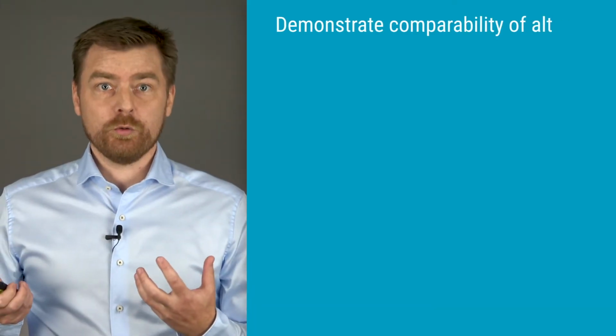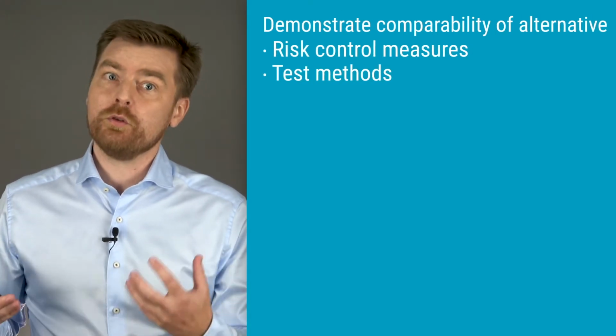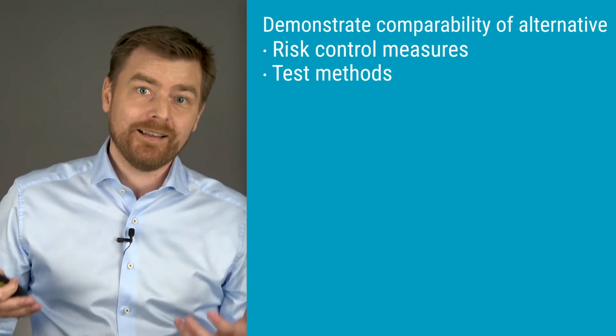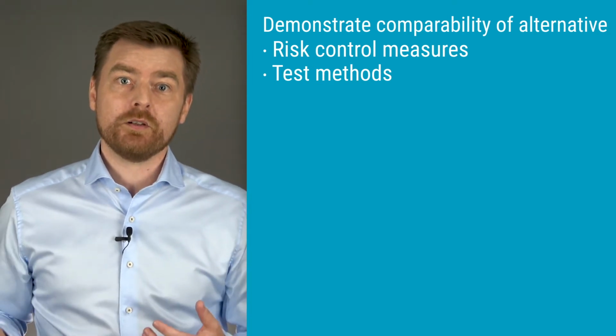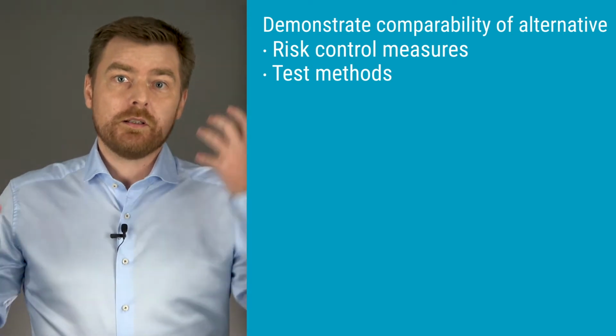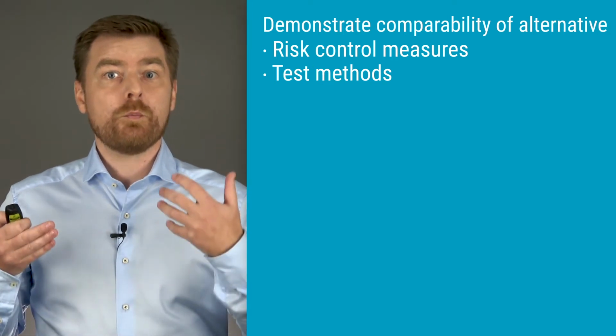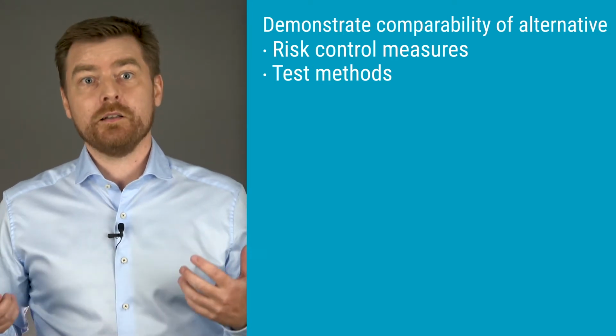The standard allows you to apply risk control measures and test methods which are different to those defined by the standard. This can be relevant in special cases not considered by the standard. You must demonstrate that the residual risk is acceptable and comparable to that defined by the standard.